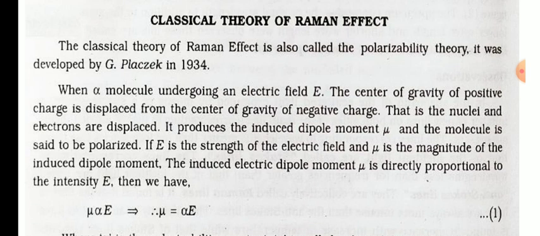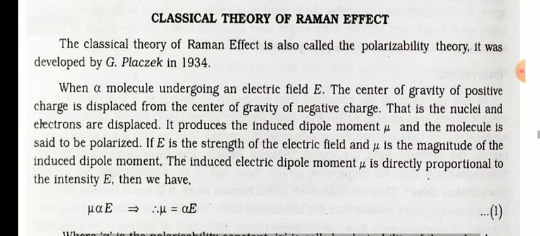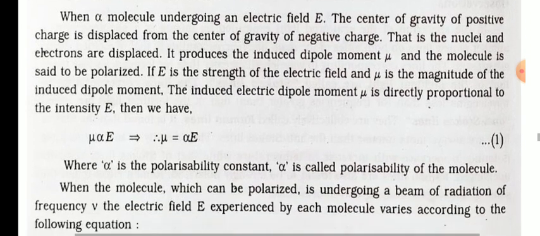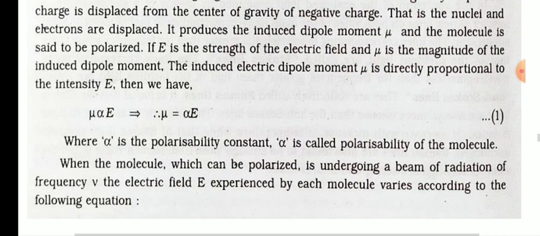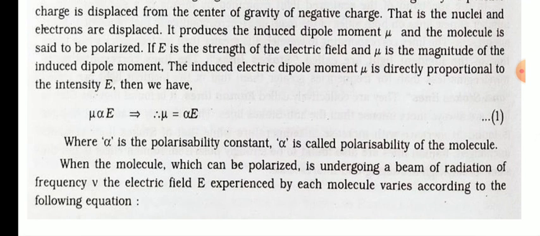So we can write that the induced dipole moment mu is directly proportional to the electric field, or mu is equal to alpha E, where alpha is called the polarizability constant, or the polarizability of the molecule.